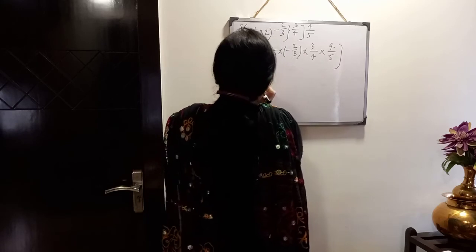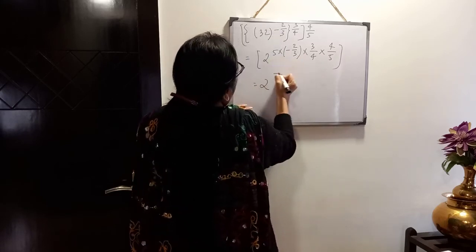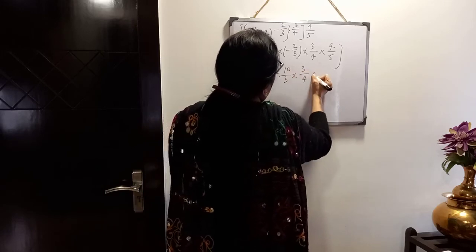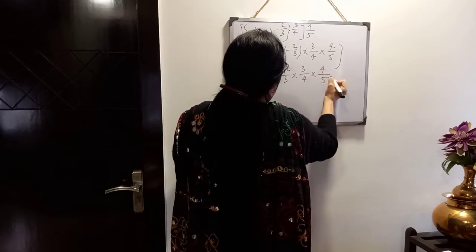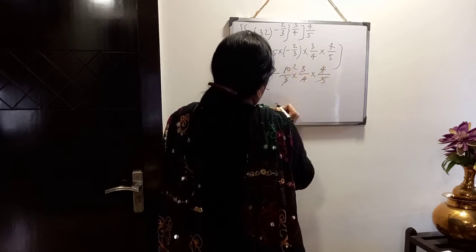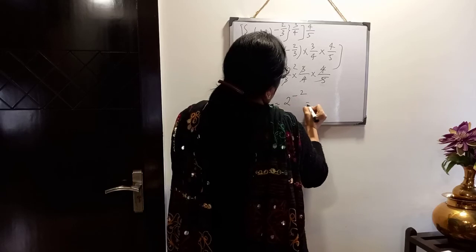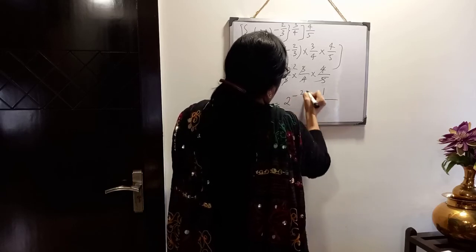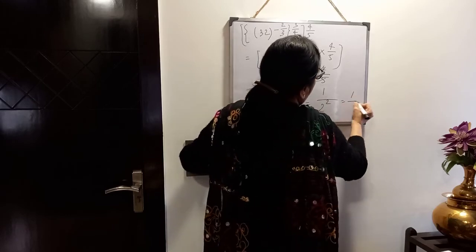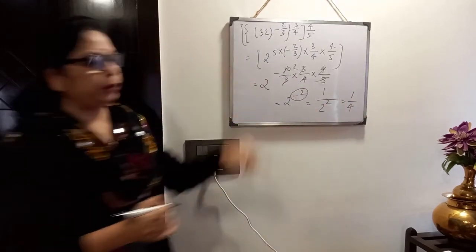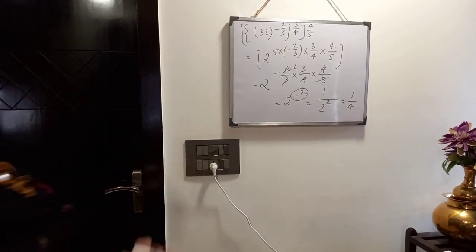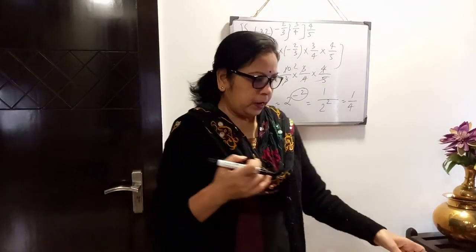So what we are getting, one more step I am doing, minus 10 by 3 into 3 by 4 into 4 by 5. Now 3, 3, 4, 4, it is becoming 2 to the power minus 2. I have told you that when power is negative, it will become in denominator. Now 1 by 2 square means 4. Now see. Clear? Now next sum you will get in next video.